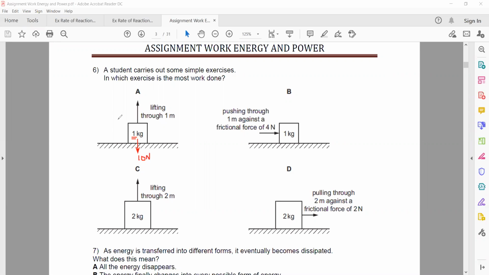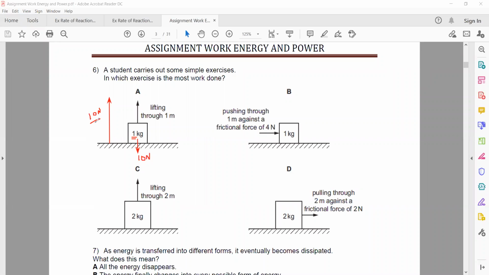How much force do I have to apply to lift this object? I have to apply more than 10 so that I can raise it above the ground. The minimum value of the force should be 10 to lift this object up.